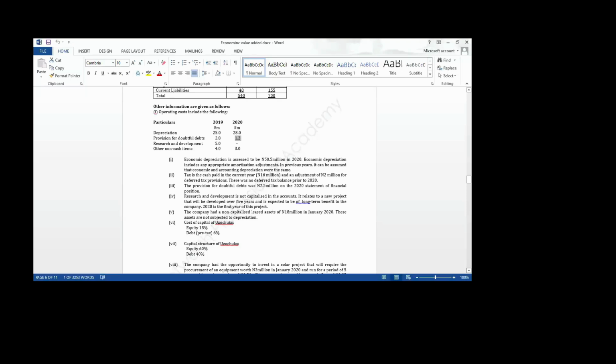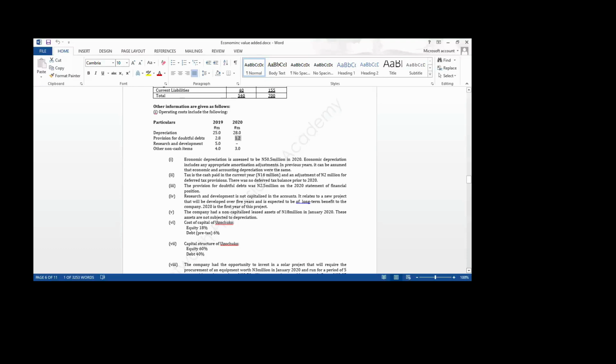It means that the 5 million incurred is supposed to be spread over 5 years, starting from 2020. But it was deducted in full in 2019.